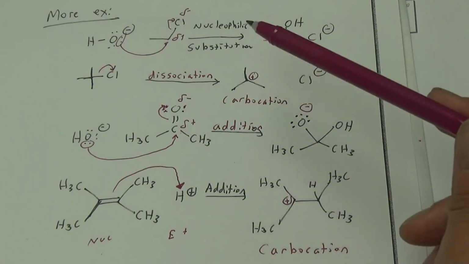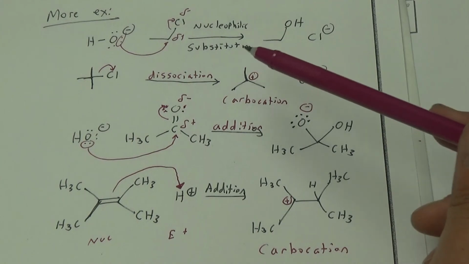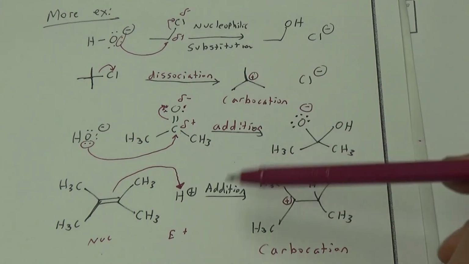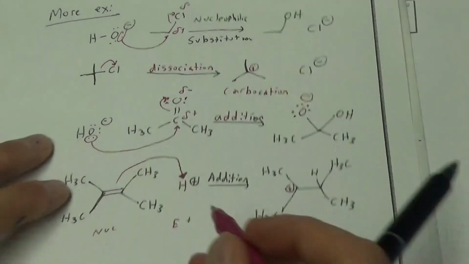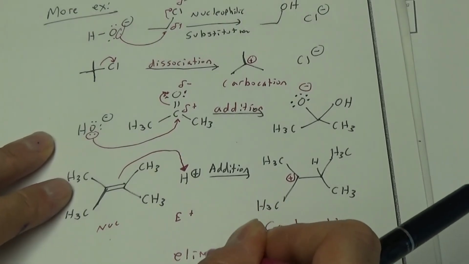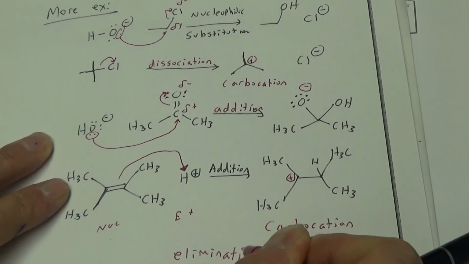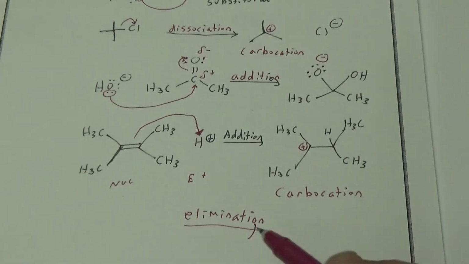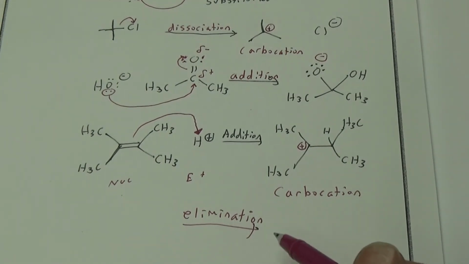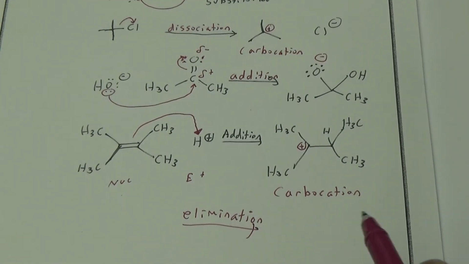There's tons of these examples. We're going to learn about substitutions, dissociations, additions. There's also going to be something called elimination. I'm not going to show that this second. Eliminations are another kind of reaction we'll talk about too. Okay, cool.